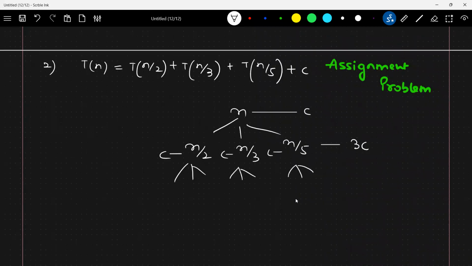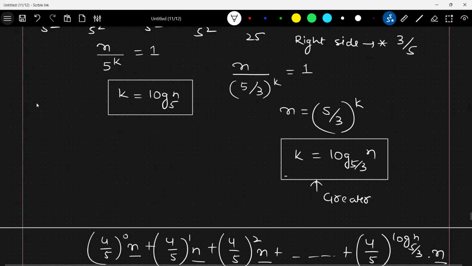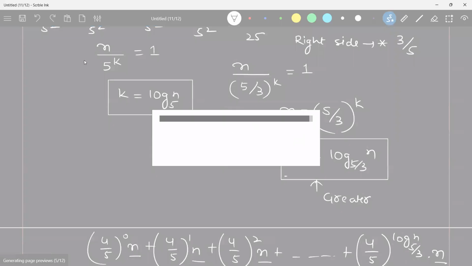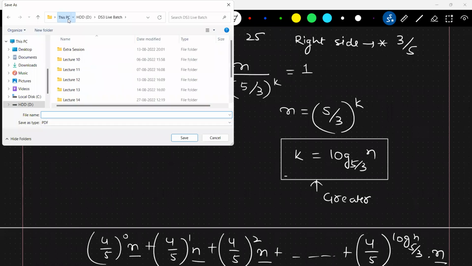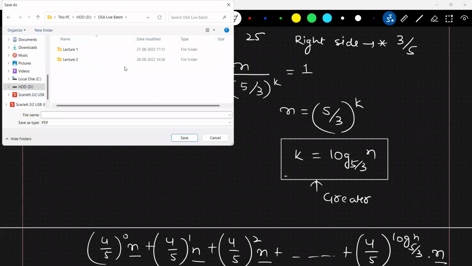Okay. Now the thing is, let me first of all save this file and share the content with you all. So this is lecture number 3. And here mainly we have discussed substitution and recursive tree approach.